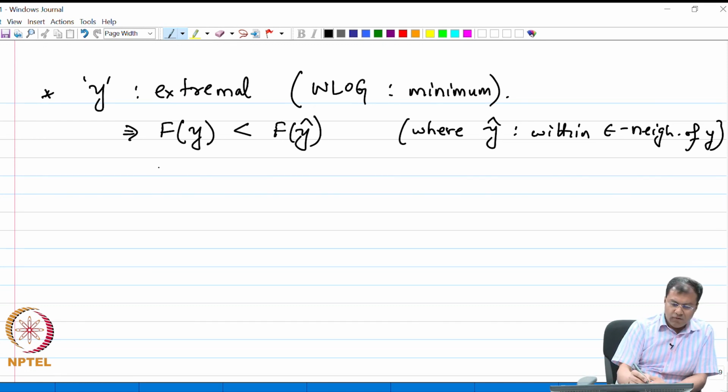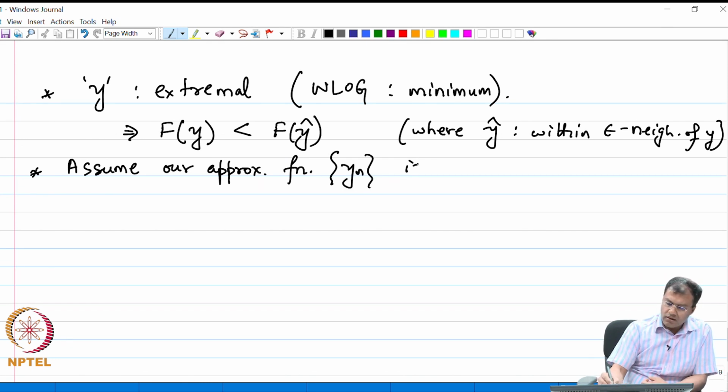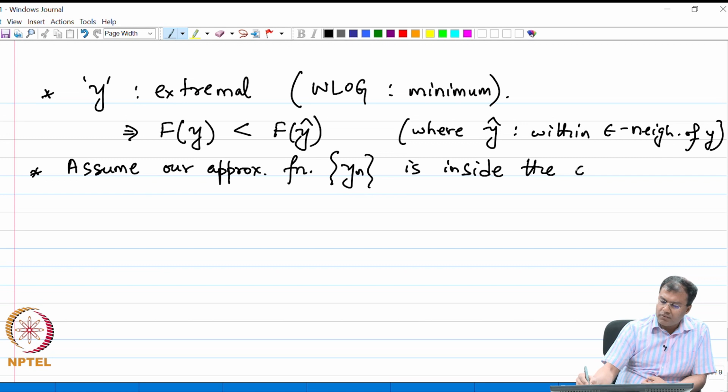So, what I just said is the following. We have f of y, and we assume that our approximate solution, our approximate function y n, is inside the epsilon neighborhood of y.